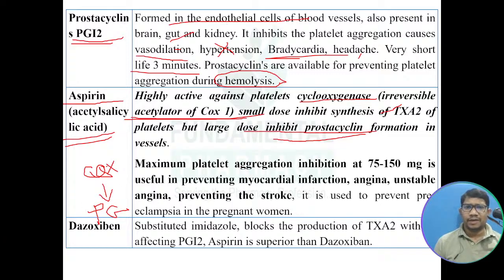Maximum platelet aggregation inhibition is shown at a dose of 75 to 150 milligram. In that dose aspirin inhibits platelet aggregation maximally.